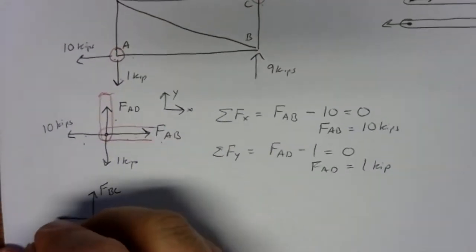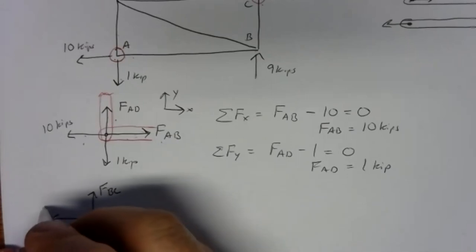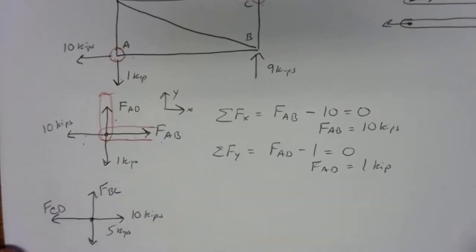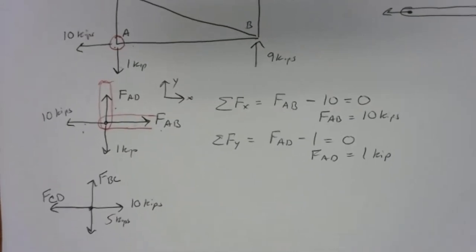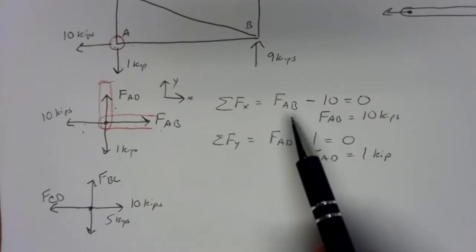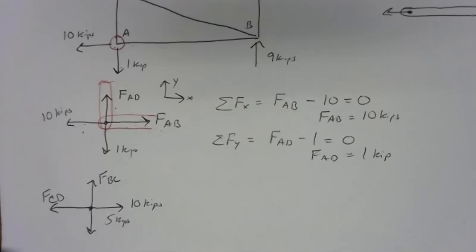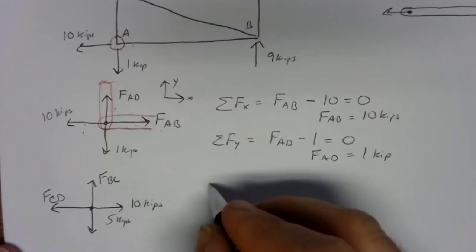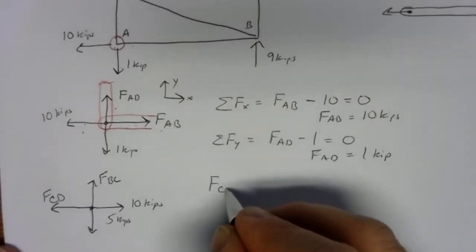So we'll draw that over here as FCD. So there's our free body diagram. And hopefully I don't have to work through the math on that one. You can set up the equations exactly the same as you did at joint A.